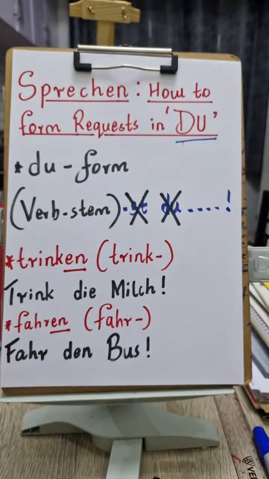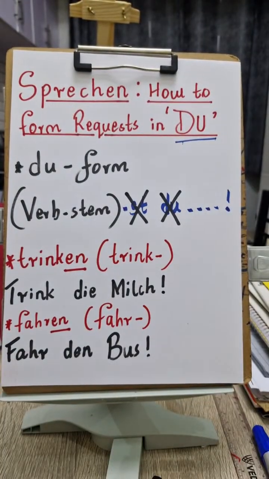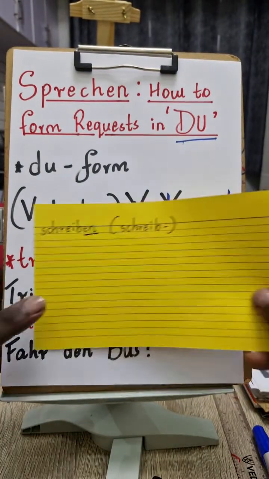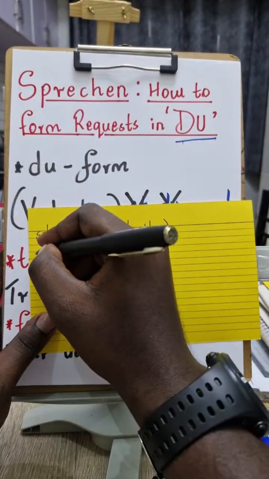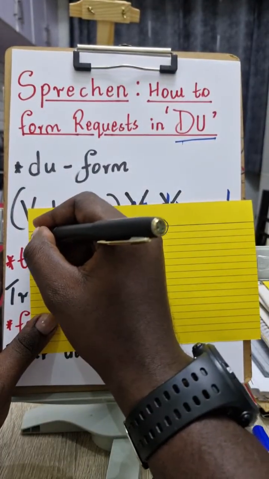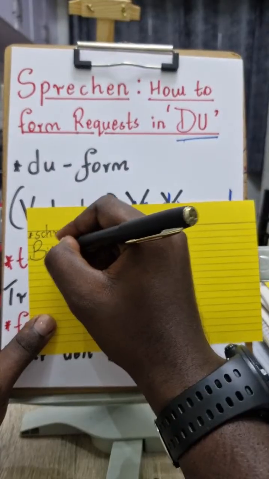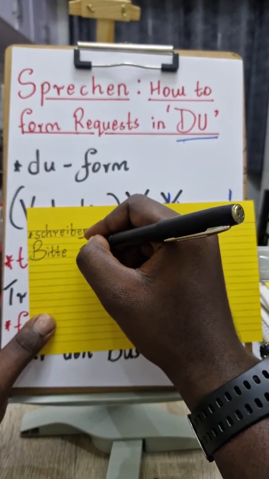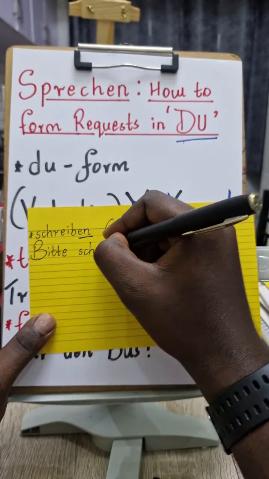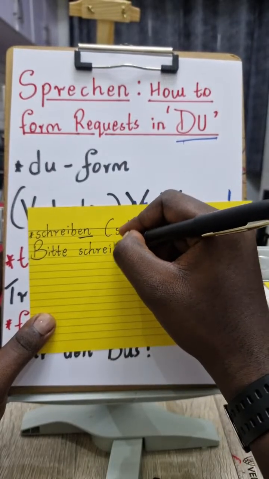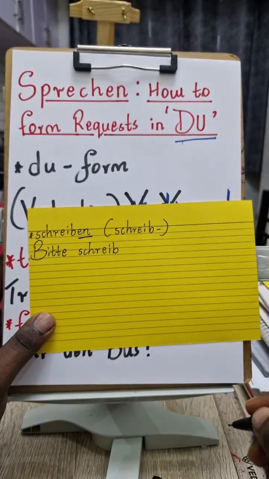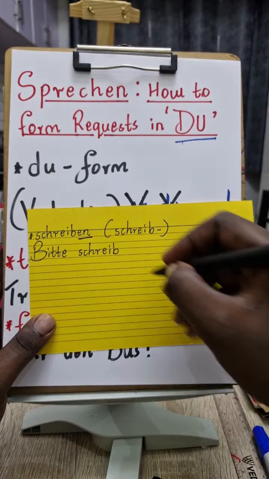So I want to tell somebody, please write to me soon. You could use the word bitte, of course. So you'd now say: Bitte schreib mir bald. Now don't say schreibst du.